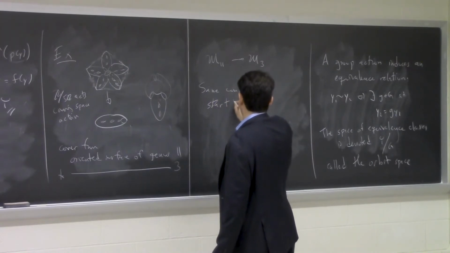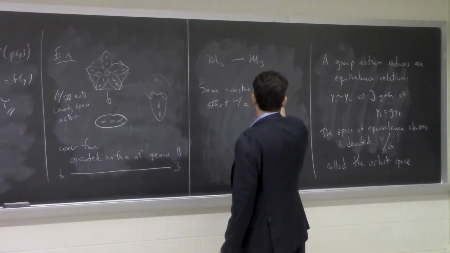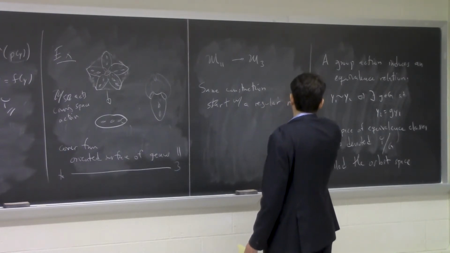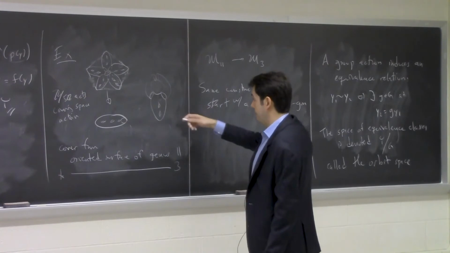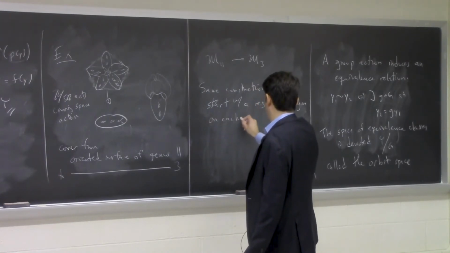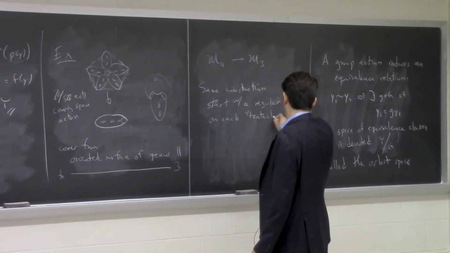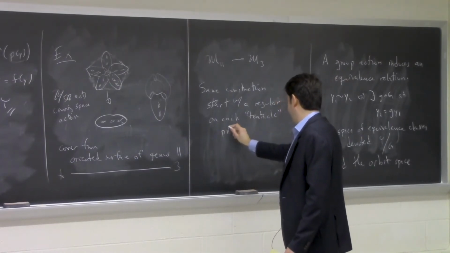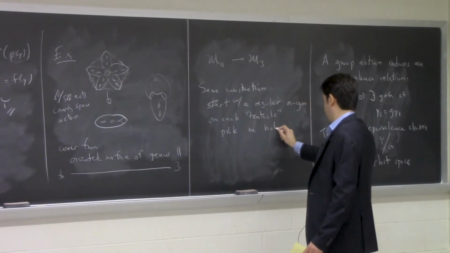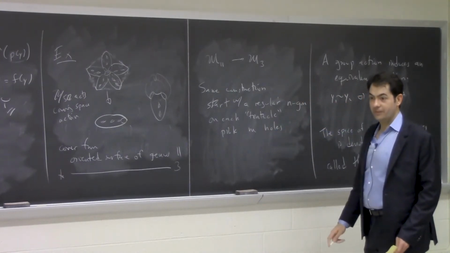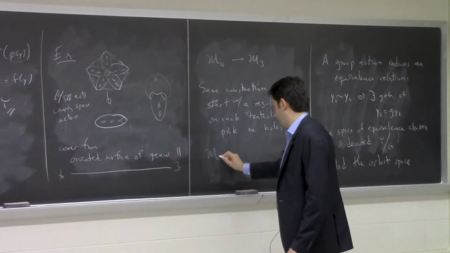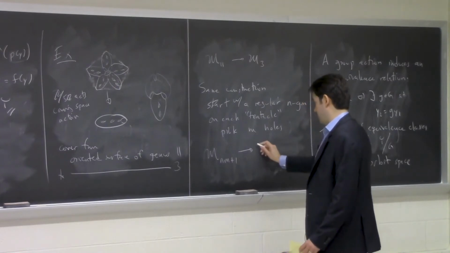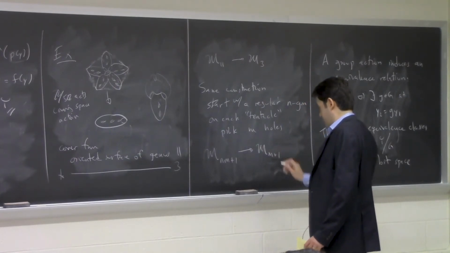Start with a regular n-gon, and then on each tentacle, not a technical term, put m holes, right? And then you end up with a covering of n m plus 1 to m plus 1.